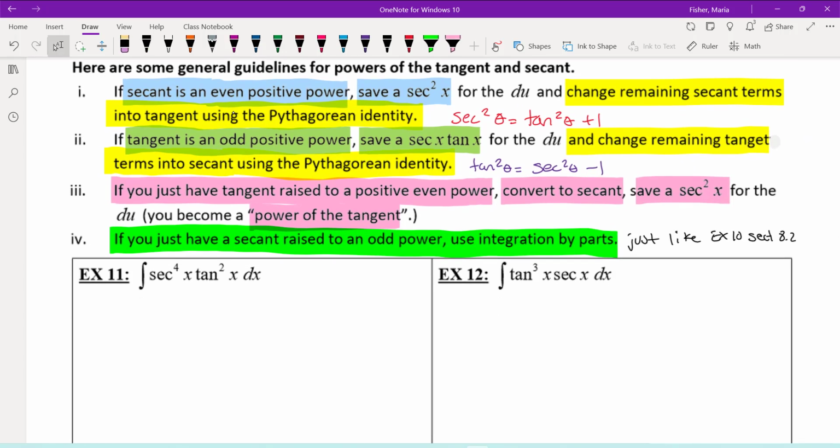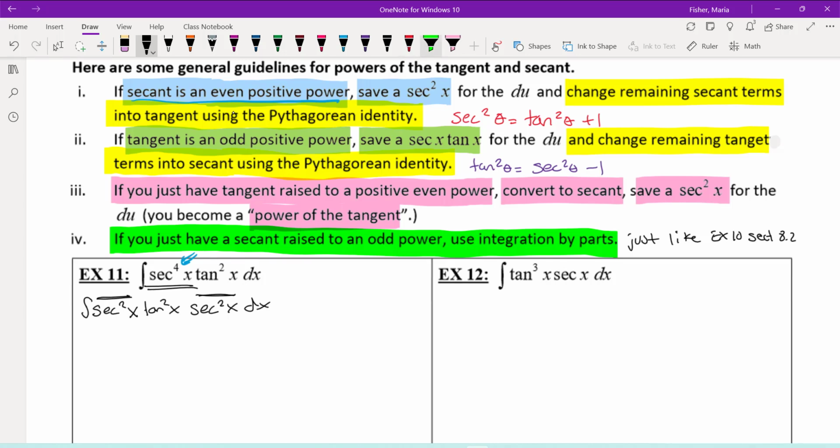If I look at number 11, I have secant to the fourth x tangent squared x. Well, this first thing says if secant is an even positive power, well, secant is an even positive power. What it wants me to do is save a secant squared. So I would write secant squared x tangent squared x times secant squared x dx, because secant to the fourth is just secant squared times secant squared.